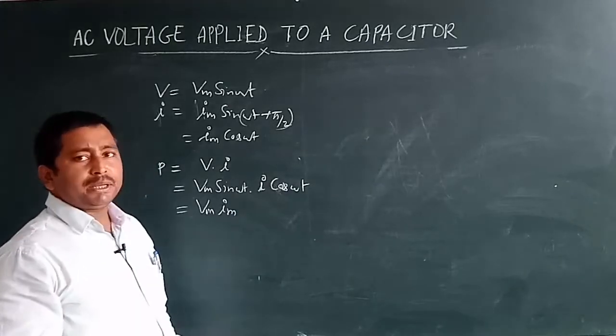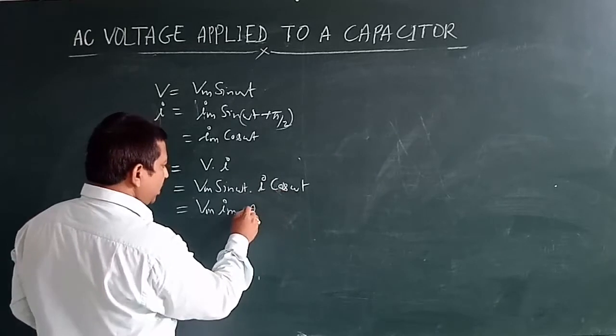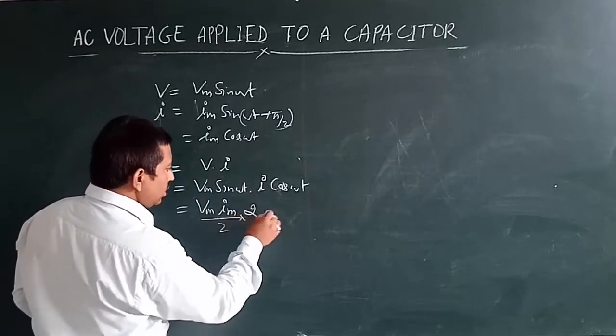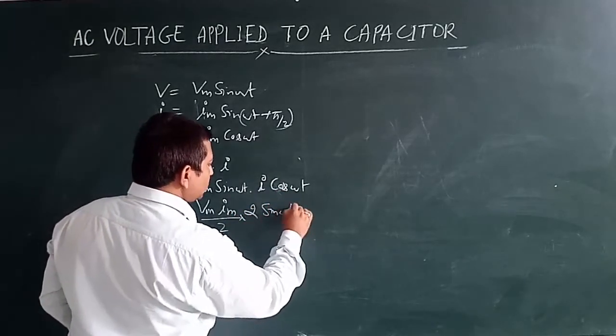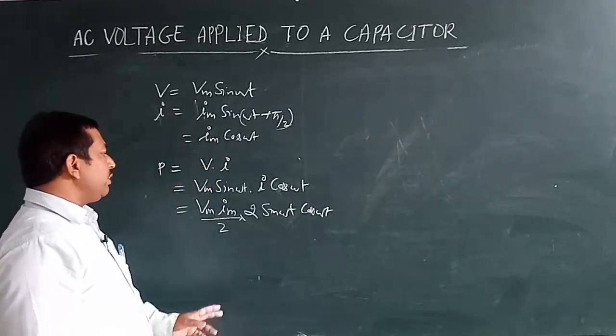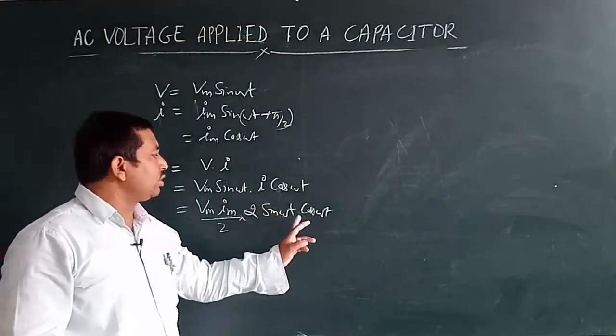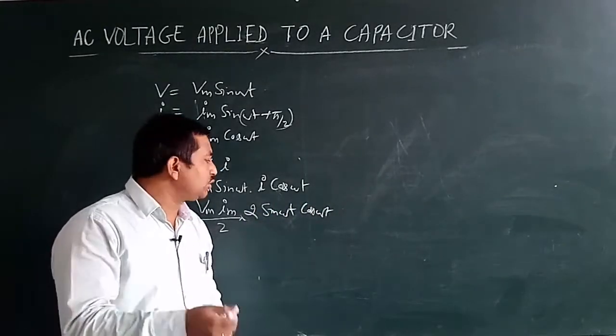If we multiply and divide by 2 in this term, then we get 2 sine omega t dot cos omega t. We multiply by 2 and divide by 2 because we know that twice sine omega t dot cos omega t is sine of twice omega t.